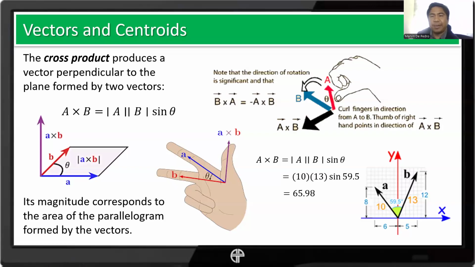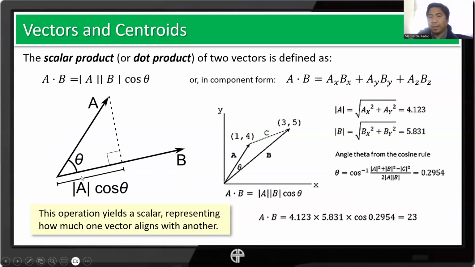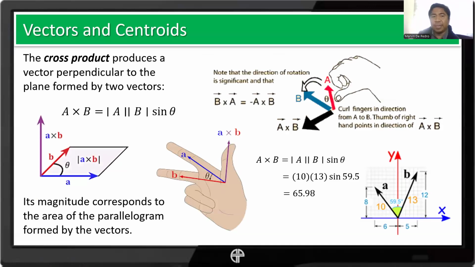If the angle is not given, you can derive it using the method we used before to solve for the angle, using the cosine rule. You can use your trigonometric formulas to determine any unknown values here.